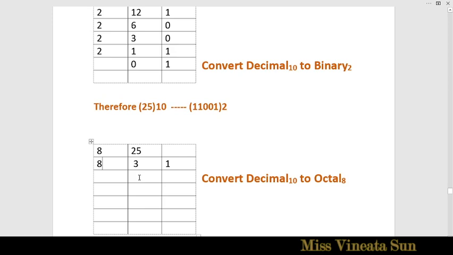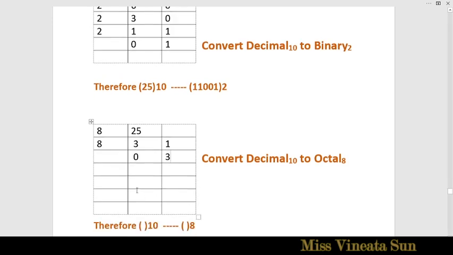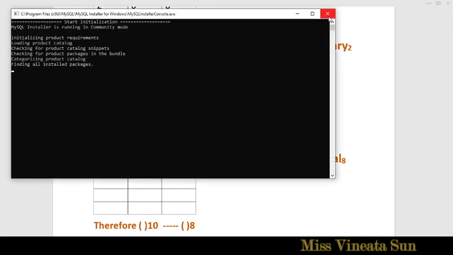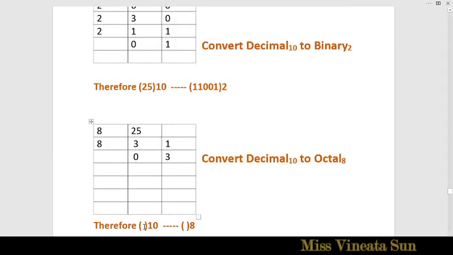8 is too big for 3, so straight away we go to 8 zeros are 0, and your remainder is 3. Remember also that the answer we always take from bottom to top. So your answer will be 25 base 10 equals 31 in octal.